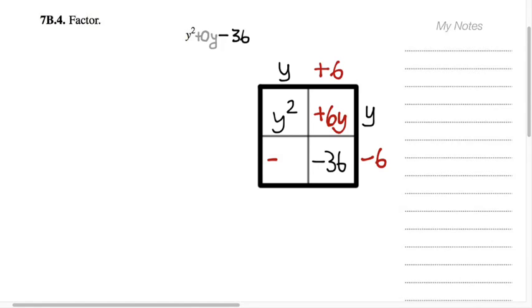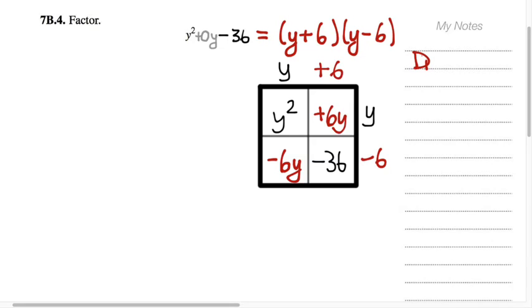This is an example of a factorization that in many textbooks almost lives in a different section of the chapter. It doesn't really need to because we know how to do it. Right? But it's an example of a factoring method that's often called the difference of squares method. And the reason it gets called the difference of squares is that we've cast the number negative 36 here as the product of a number and itself, 6 times 6.